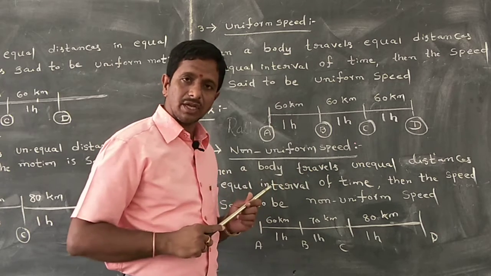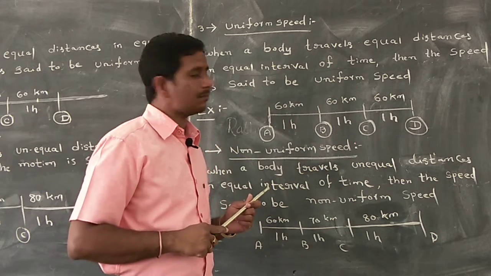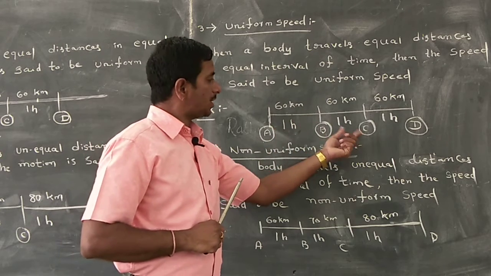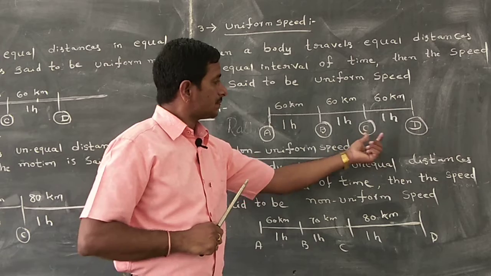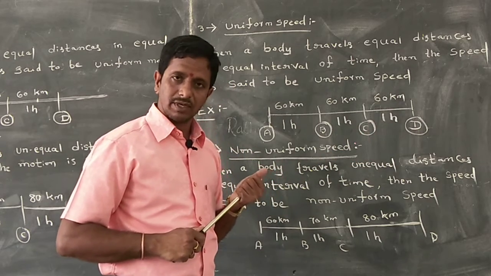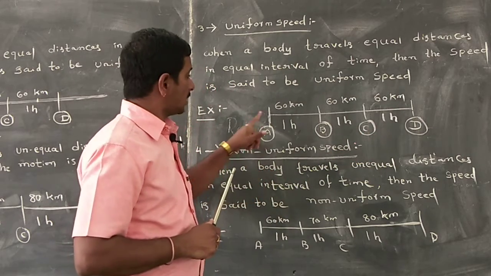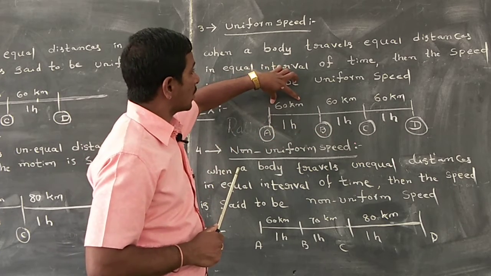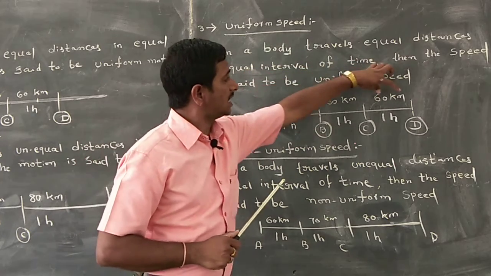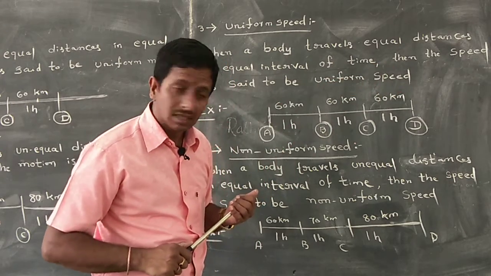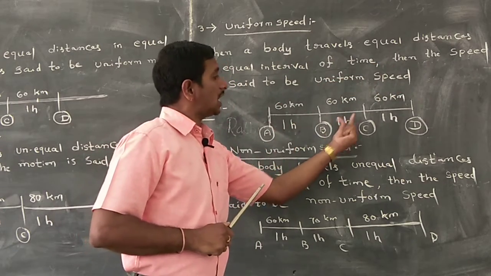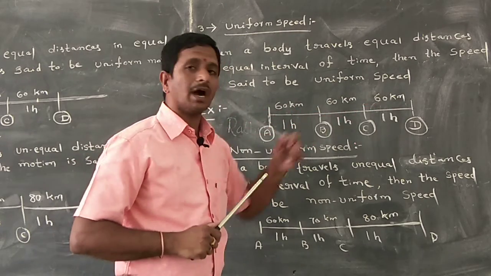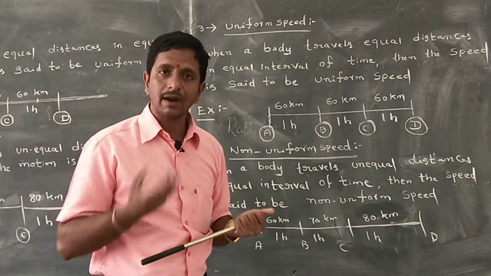It took a time from A to B 1 hour, B to C 1 hour, C to D 1 hour. That means a body travels equal distances with equal intervals of time.